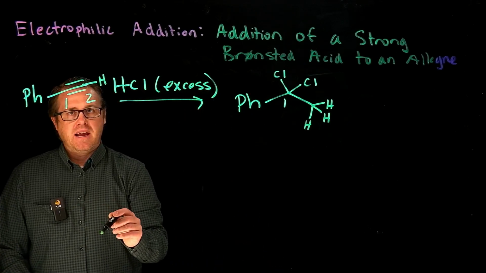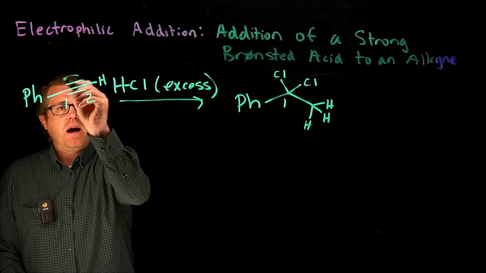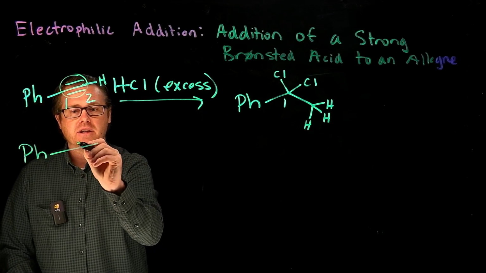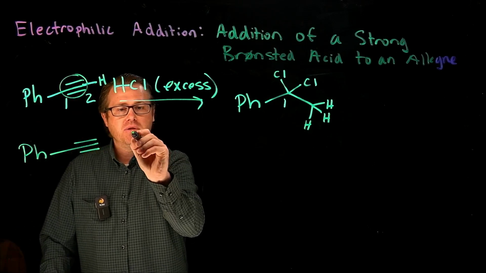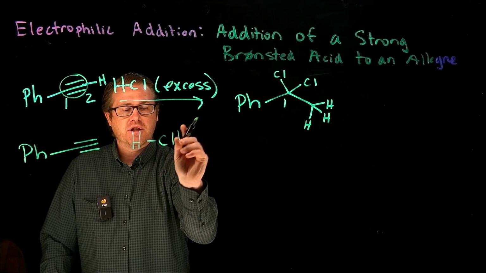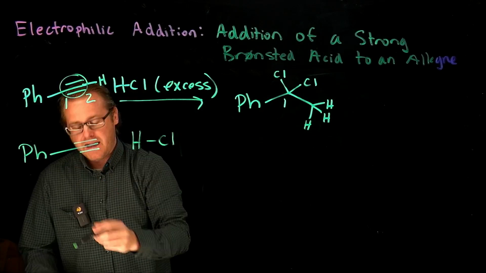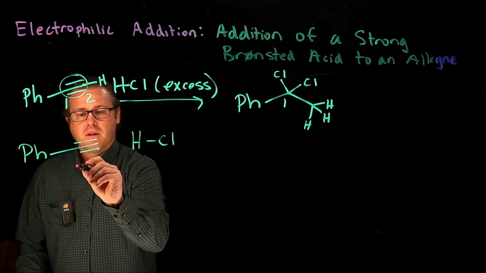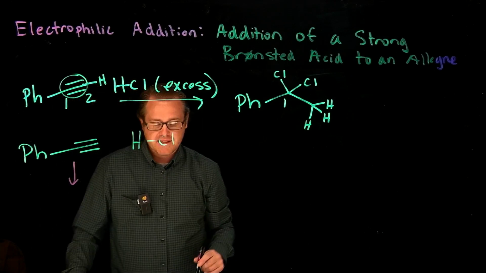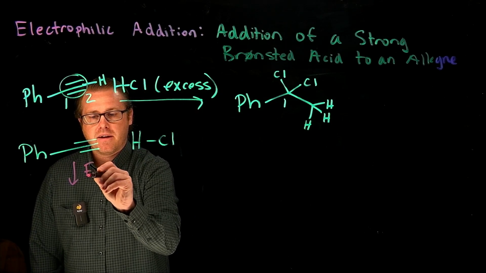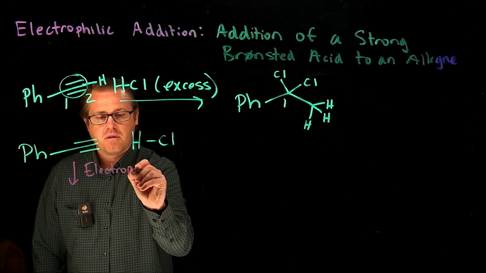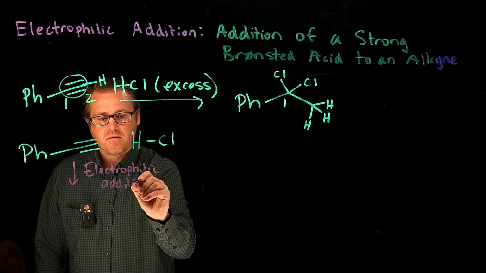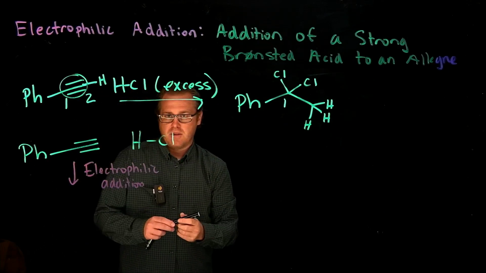So the first thing is we have pi electrons once again, and those are going to be electron rich. So we're going to use those electron rich pi electrons there to abstract a proton. And that's going to be the same step that we've seen before. That's our electrophilic addition step. And so that's going to happen.